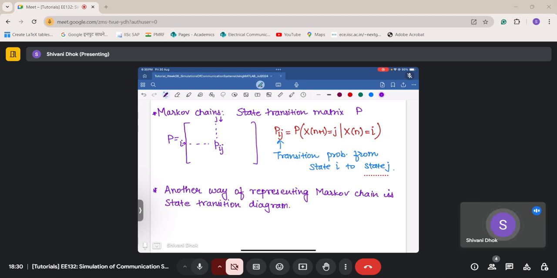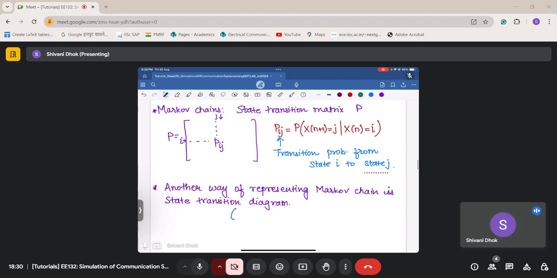So instead of spending time on the state transition diagram right now, we will take examples for this and see some examples of this. So we ended with Markov chains for this particular week at this point. However, there will be much more discussion regarding this in the coming week. So that's all about the content that was covered in this particular week.